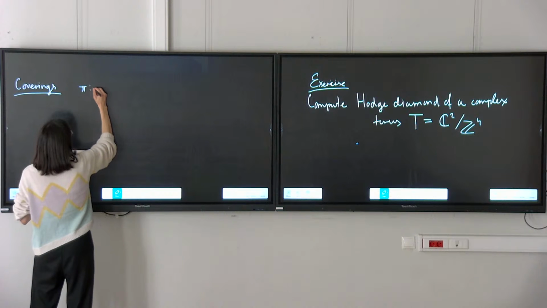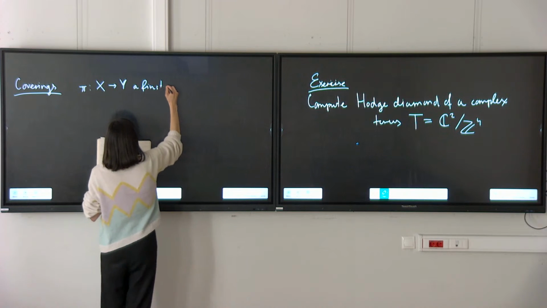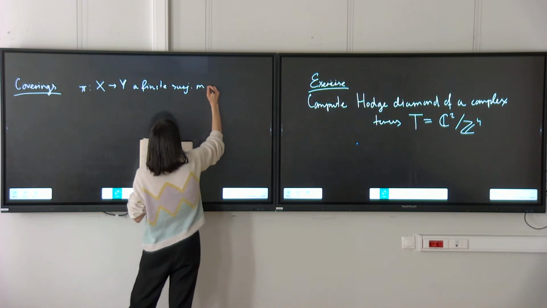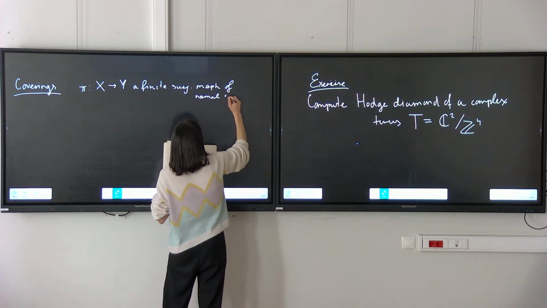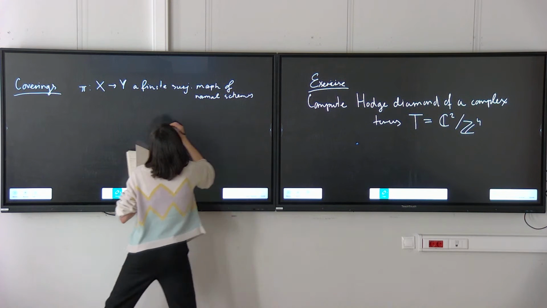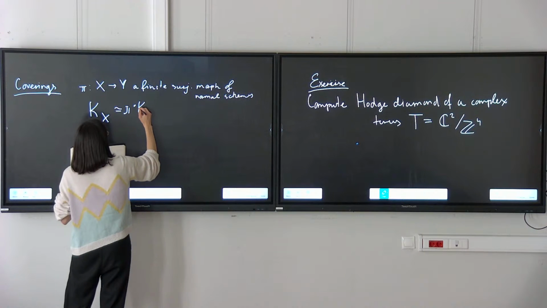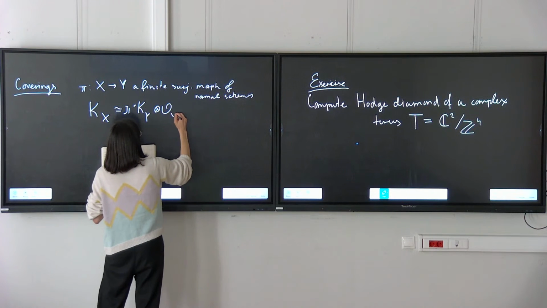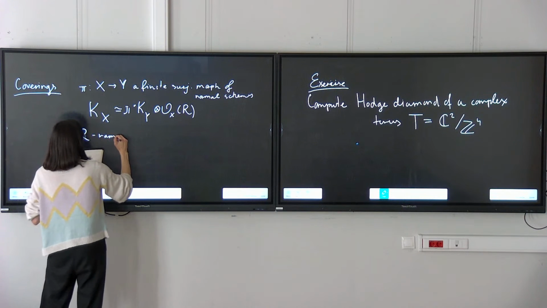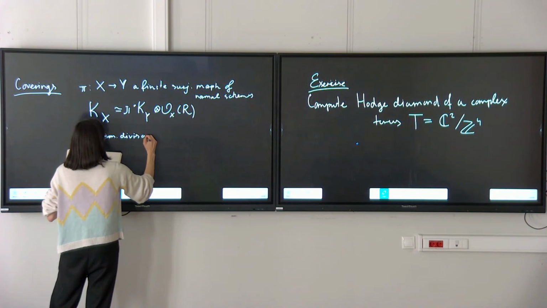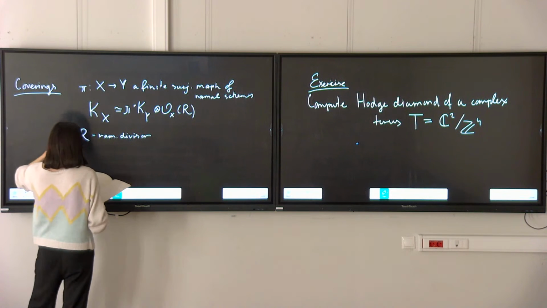Last time we discussed that a cover is a finite surjective morphism of normal schemes, and we discussed the formula for the canonical class, involving O_X(R), where R was a ramification divisor that parameterizes singular points of the corresponding morphism.